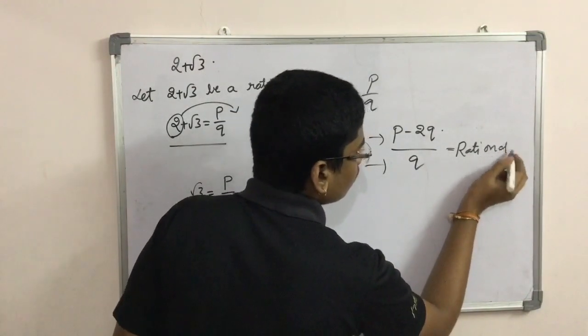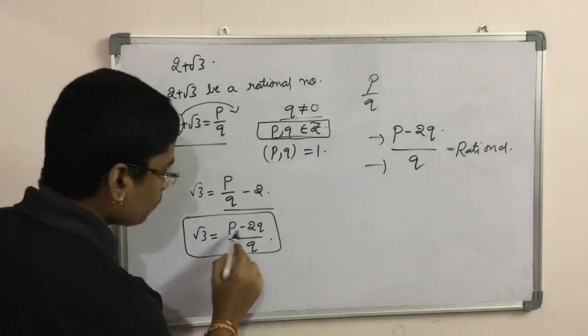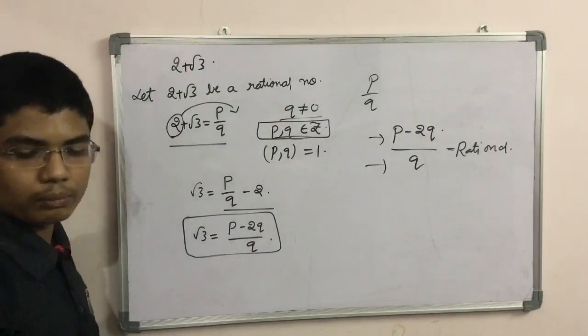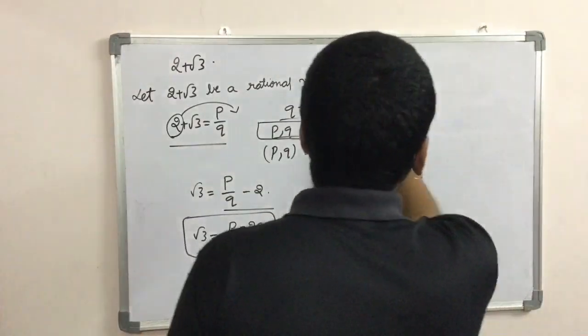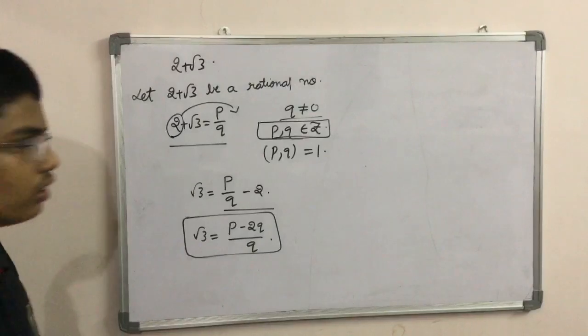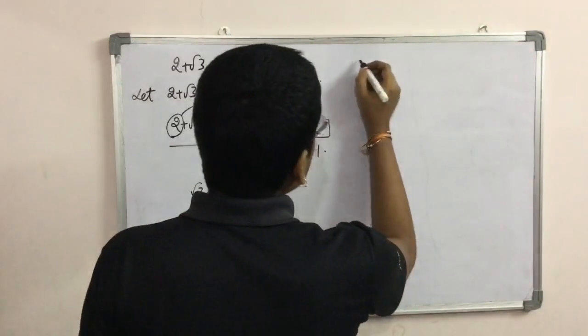So integer by integer and satisfying the conditions will give us a rational number, right? So we can say that p minus 2q by q is a rational number, but we all know that root 3 is an irrational number, right? Root 3 is not rational. Root 3 is an irrational number.